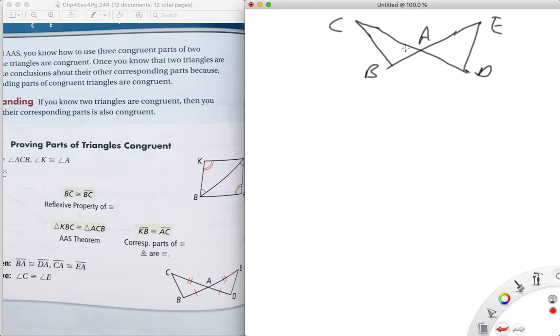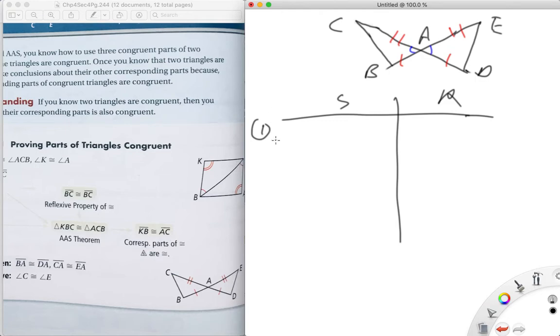Here we have these guys congruent, these guys congruent. I can use vertical angles to say that these two guys are congruent. So, doing the proof, they want to prove that angle C is congruent to angle E. This is probably a 4-step proof.